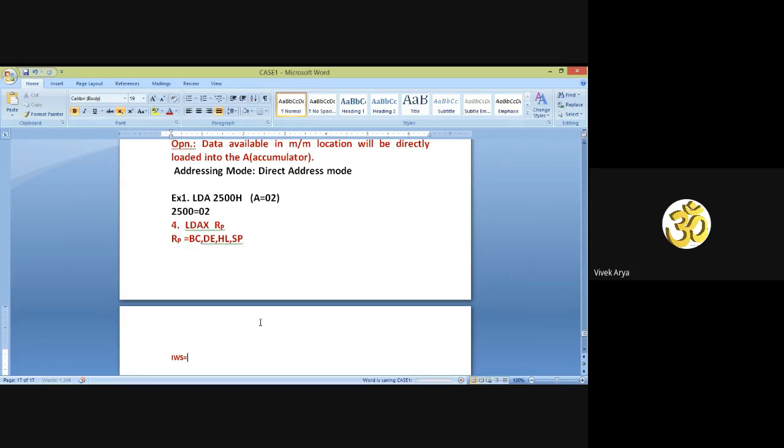What is the instruction word size for this instruction? Can you tell me? 1 byte. Any other answer? Why is the instruction word size for this instruction 1 byte?